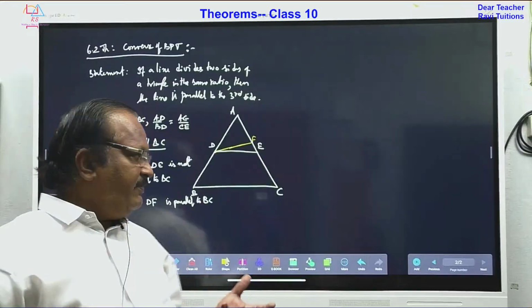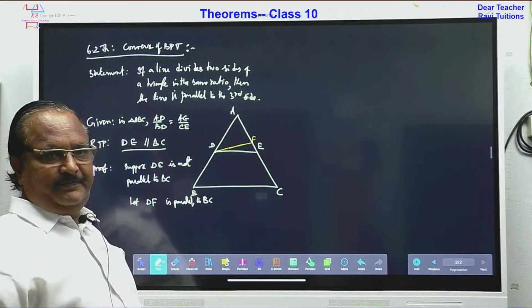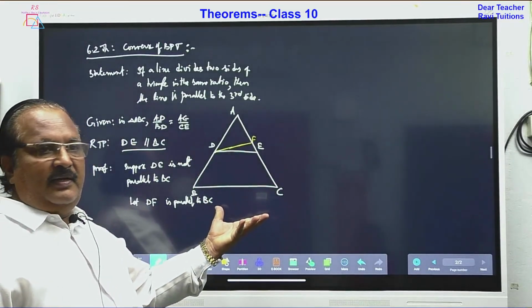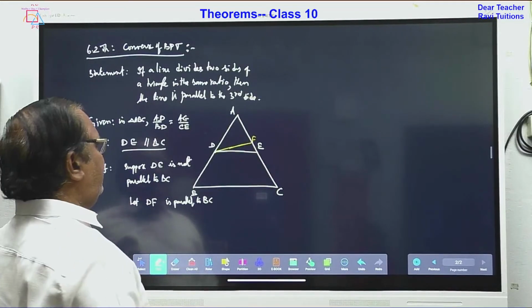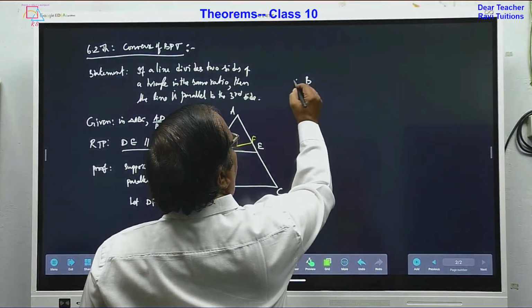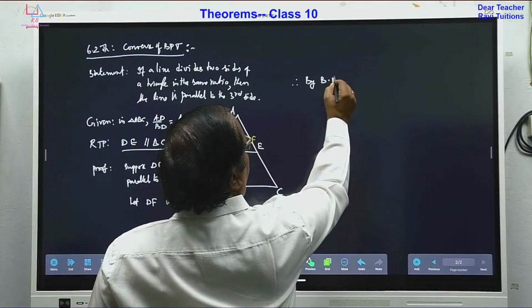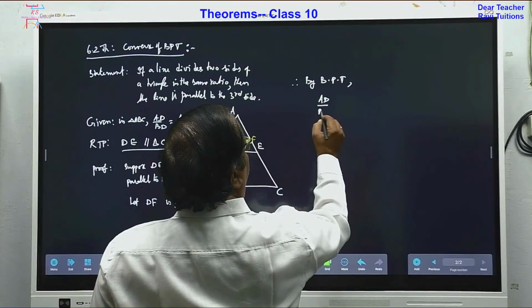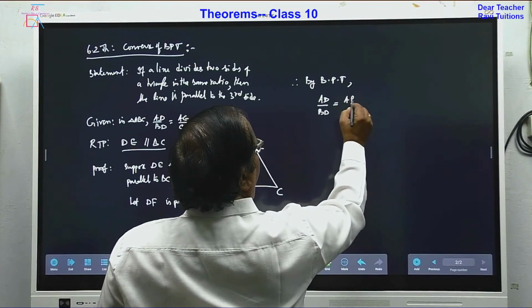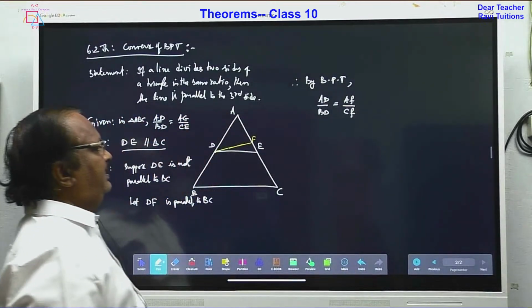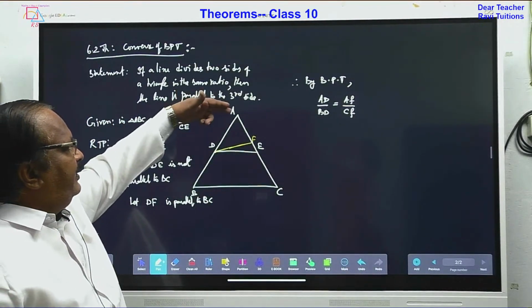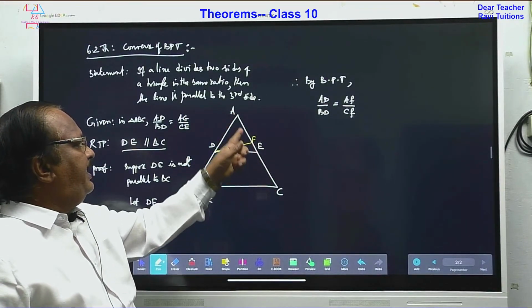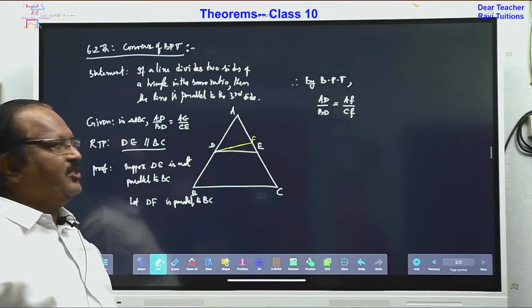So now what have we got? We have got one line parallel to BC. In the basic proportionality theorem, if a line is parallel to one side, it will definitely divide the other two sides in the same proportion. Therefore, by BPT, AD by BD is equal to AF by CF, as per our construction.